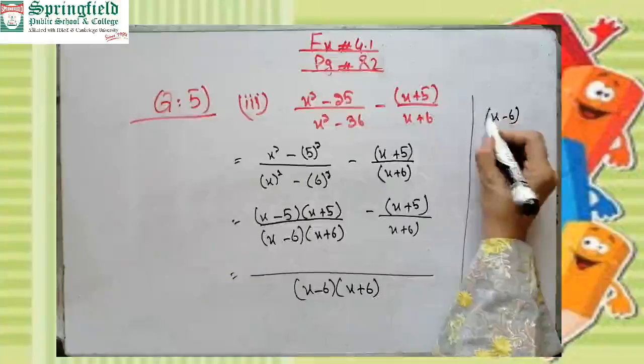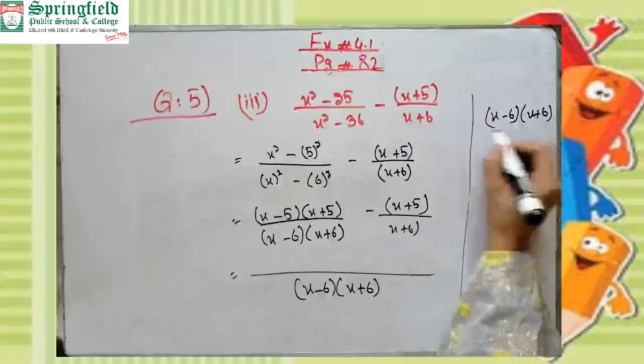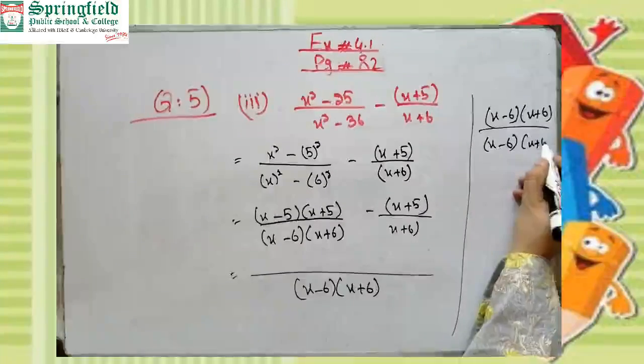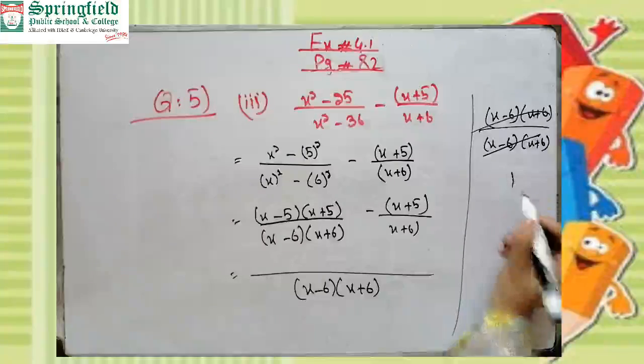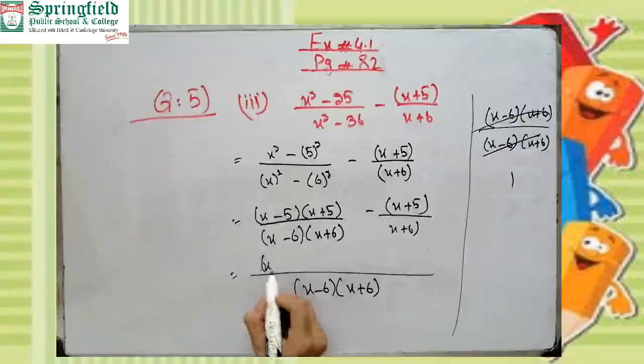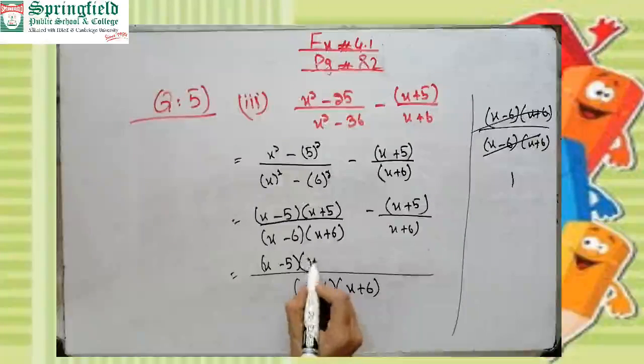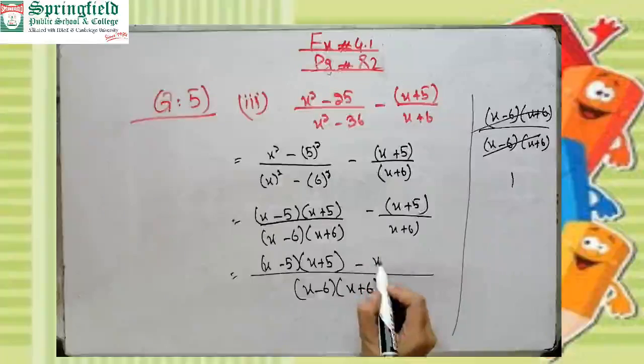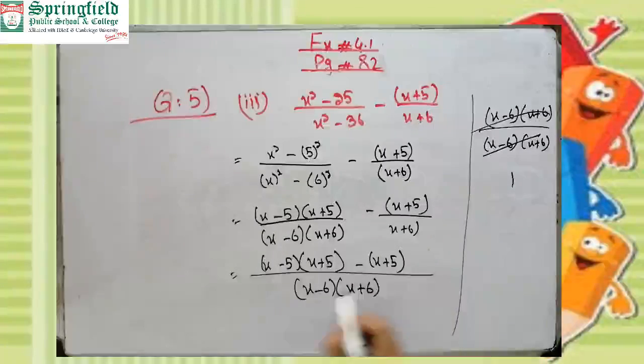X minus 6, x plus 6 divided by x minus 6, LCM x plus 6, can be cancelled, just 1. 1 will multiply with this one, x minus 5, x plus 5. Minus x plus 6 will divide this expression. So we will get x plus 5 and x minus 6. This expression will cancel with the x plus 6.